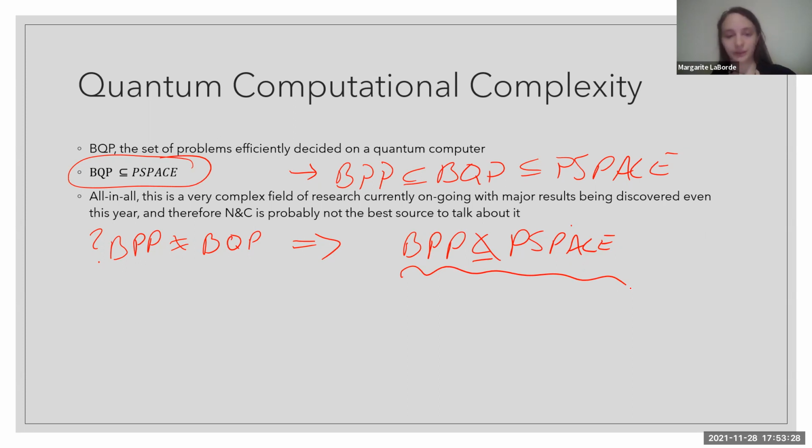I could be wrong about that, but this is just an example of, okay, well now if I can say something about the power of quantum computers being definitively greater than classical computers, then I can say something about relating different classical problems as well.